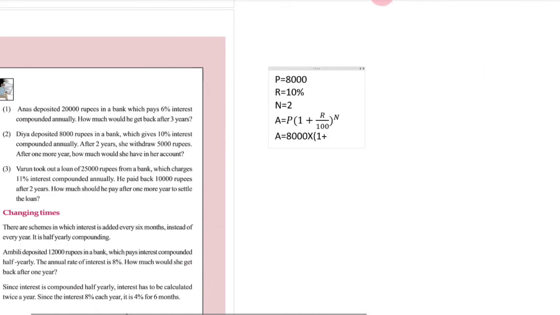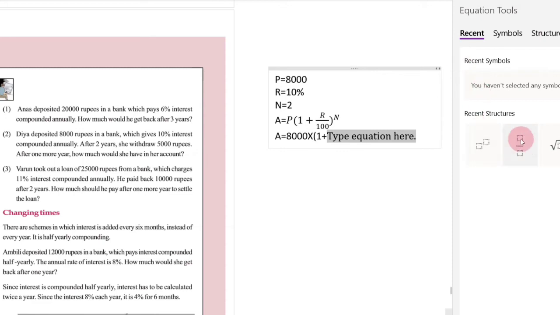Here R is equal to 10, so 10 by 100, which is raised to n, that is raised to 2. So 8000 into 1 plus 10 by 100 raised to n.